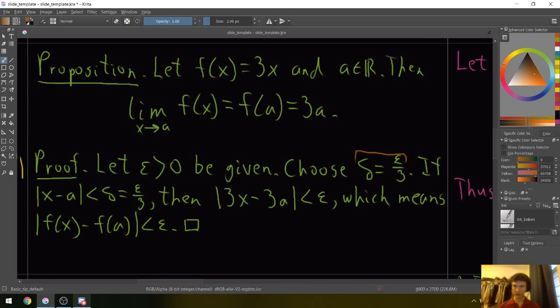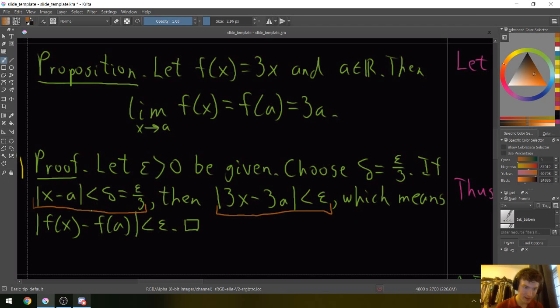Now we're almost done. Just need to explain why that works. So if x is within a distance delta of a, which is written like this with absolute values, absolute value of x minus a is less than delta, which I've defined as epsilon over 3, then here's a conclusion. And whenever we're reading a proof, we should understand, if I make a conclusion, why is that true?